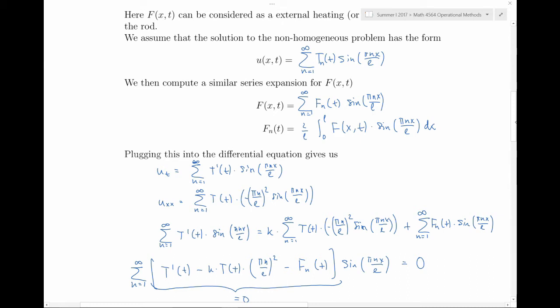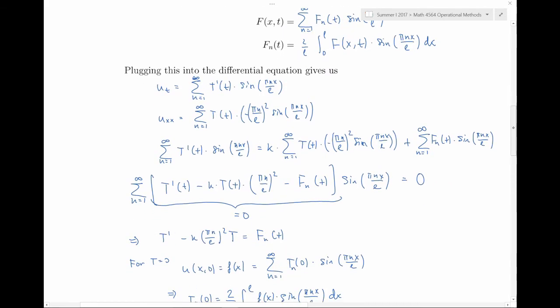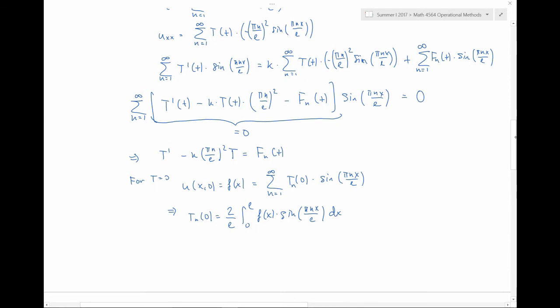However, it did work out, but in order to compute the solution in the form of such series, we also need to express f of x, t as the same kind of a series. And when we do so, the original differential equation breaks into infinitely many differential equations for T_n of t.